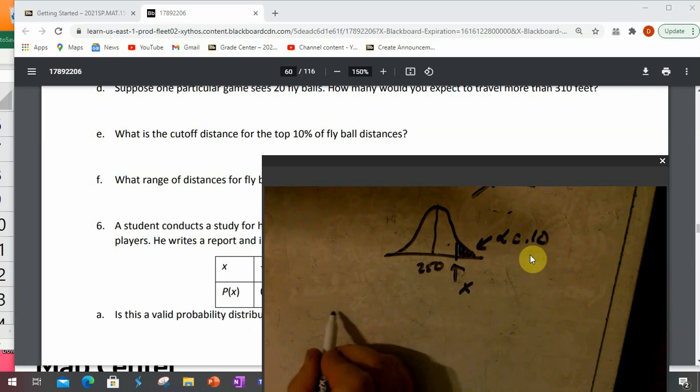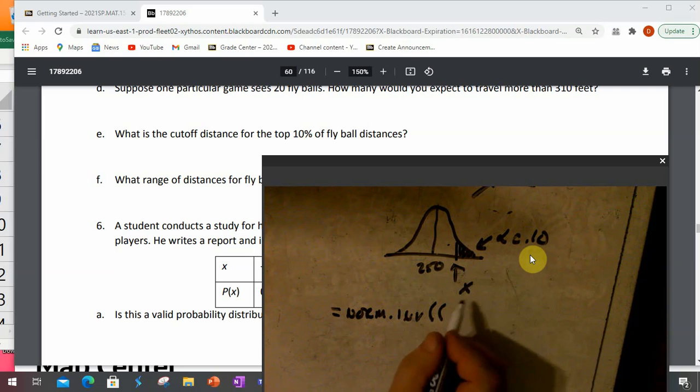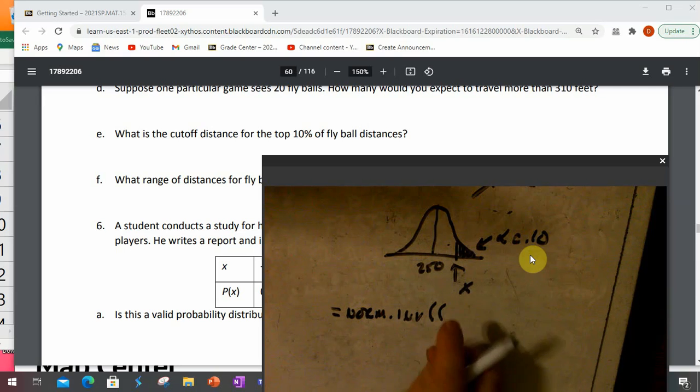This is the normal inverse. Norm.inv. Area to the left is the 0.90.